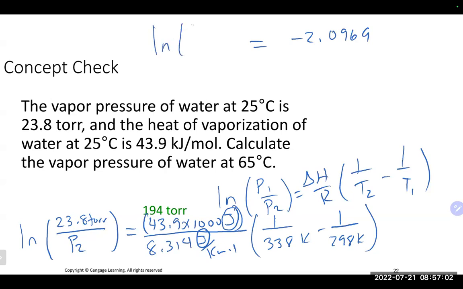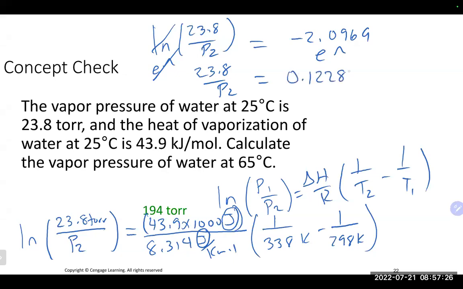Natural log of 23.8 divided by P2. To get rid of the natural log, you've got to take e to both sides. So when you take e to this side, it just becomes 23.8 divided by P2. And if you do e to that side, if I can find it on this calculator, there it is. We end up with 0.12283. So we want to obviously solve for P2 here.